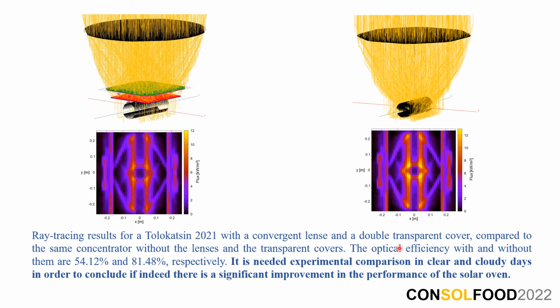The optical efficiencies with and without them are 54% and 81% respectively. So an experimental comparison on clear and cloudy days is needed in order to conclude if indeed there is a significant improvement in the performance of the solar oven.